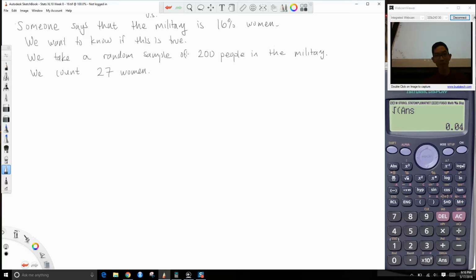I'm just making this up, okay? We count 27 women. All right, so we'll say, does this provide evidence that the proportion of women is something other than 16%?